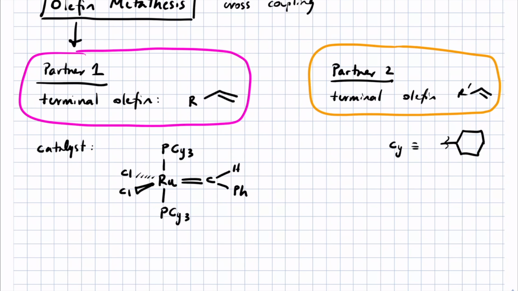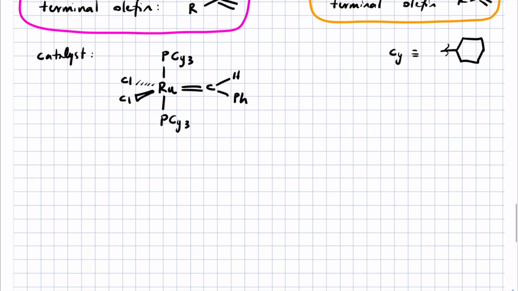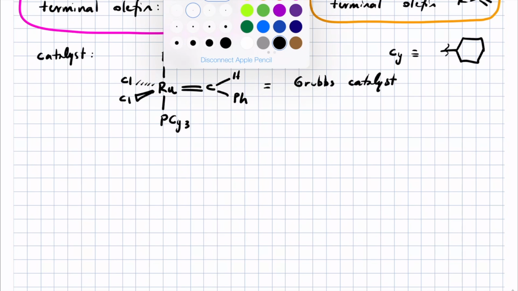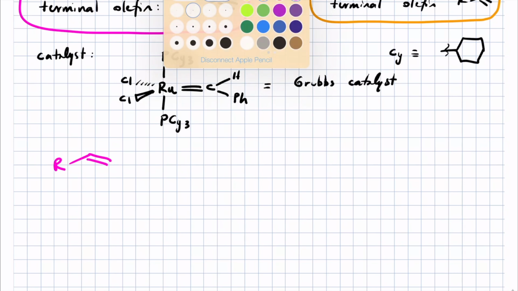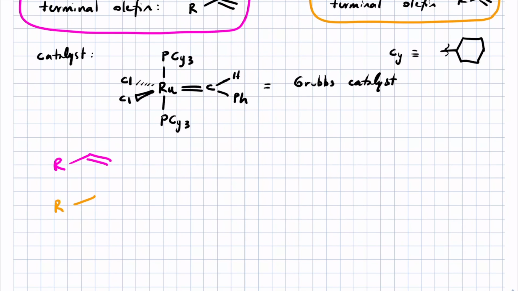And the beautiful thing about, and we'll call this the Grubbs catalyst, there's a first-generation Grubbs catalyst, and there's a new and improved second-generation Grubbs catalyst that I won't require you to know anything about. But let's imagine that we have these 2 terminal olefins.